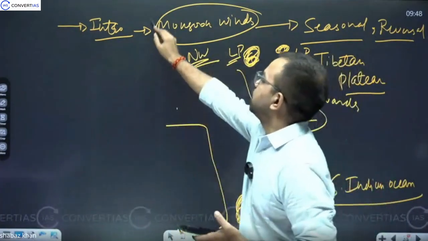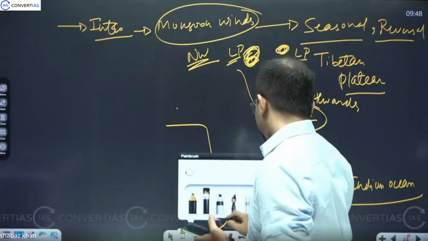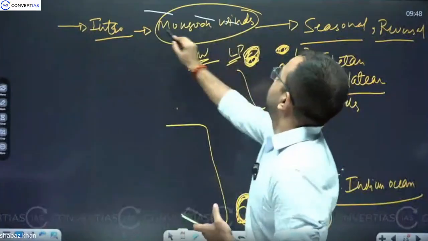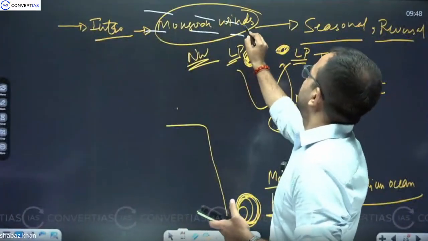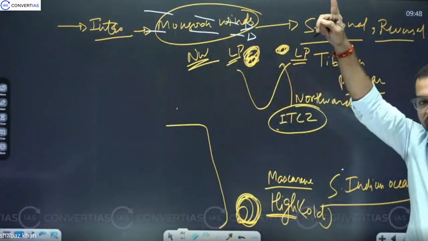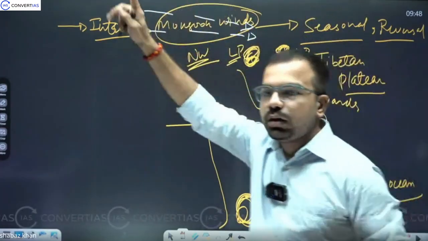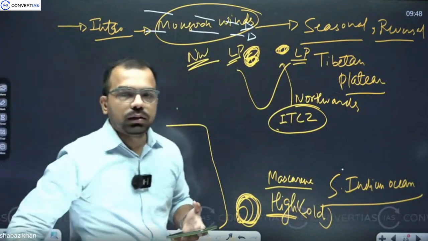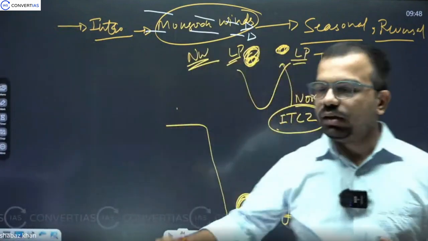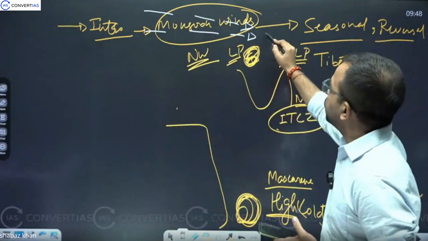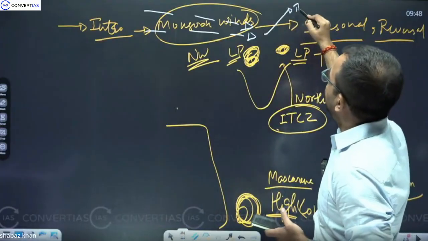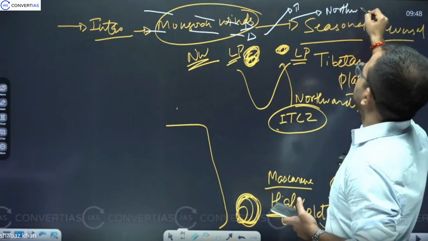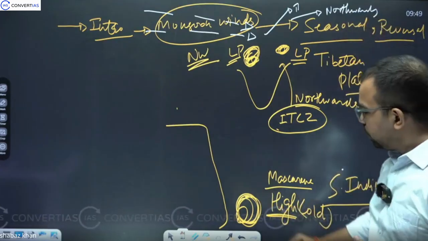The westerlies come from the western part. To the west of India, the westerlies come from the European and Central Asian part. They also shift northwards.